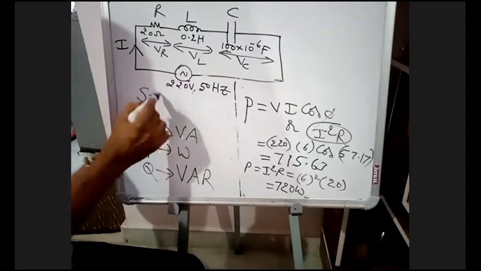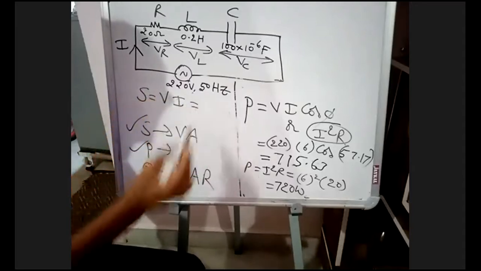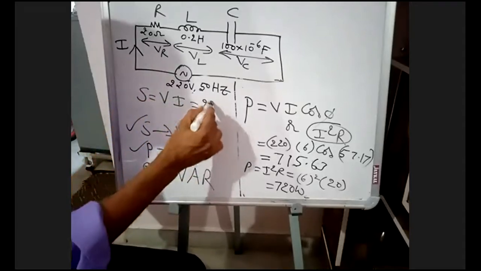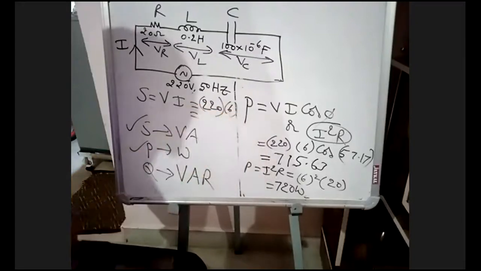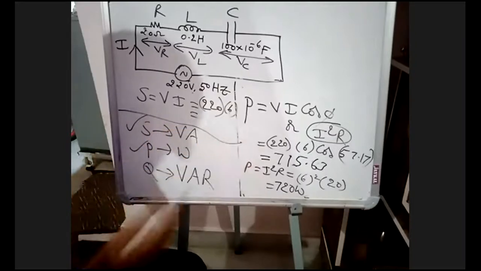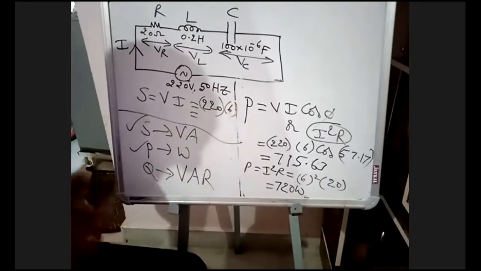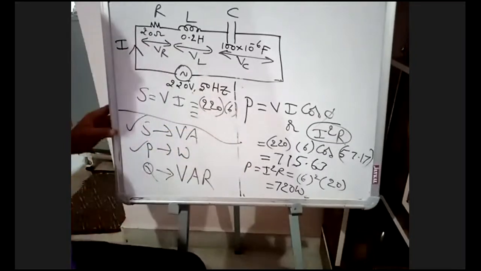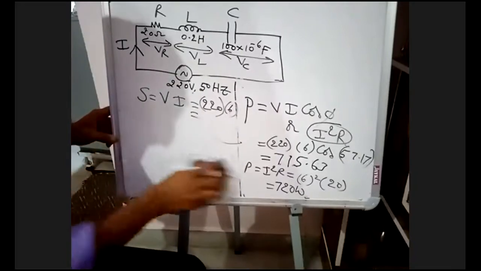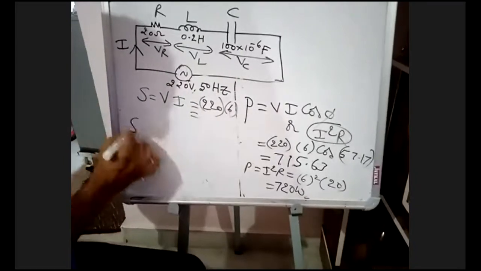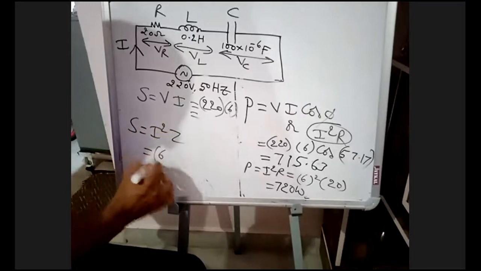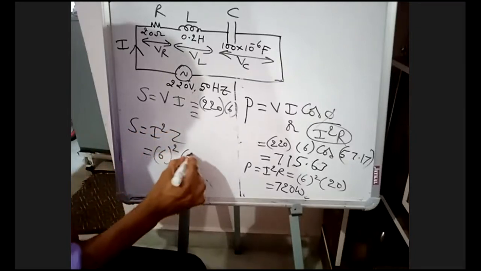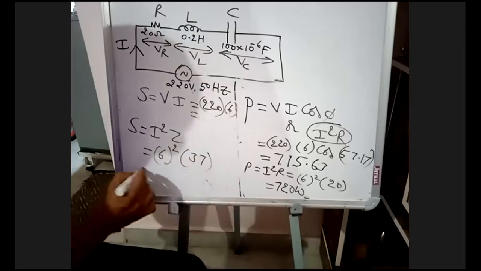In the problem, he is asking the watts and VA. Therefore, S is equal to VI. Your V is 220, your I is 6. That is your S. What is the other formula for S? I square Z. Your Z magnitude is 37.